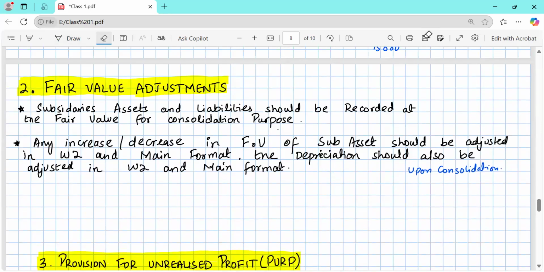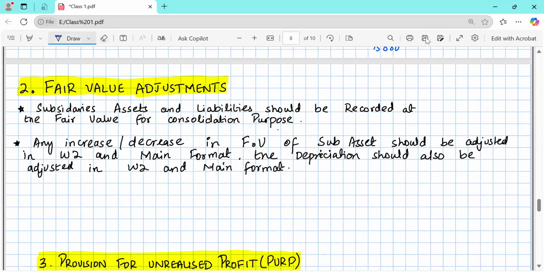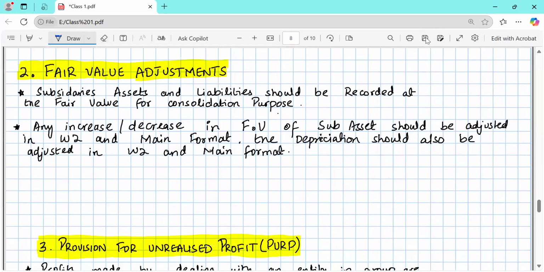Now, when the value of the non-current asset increases, it means the depreciation charge needs to be increased as well, because we have more asset value.